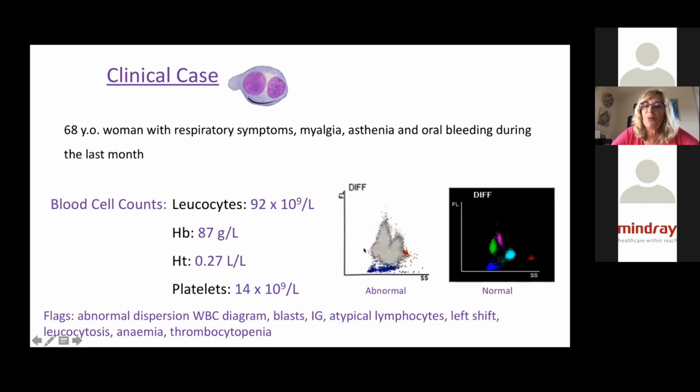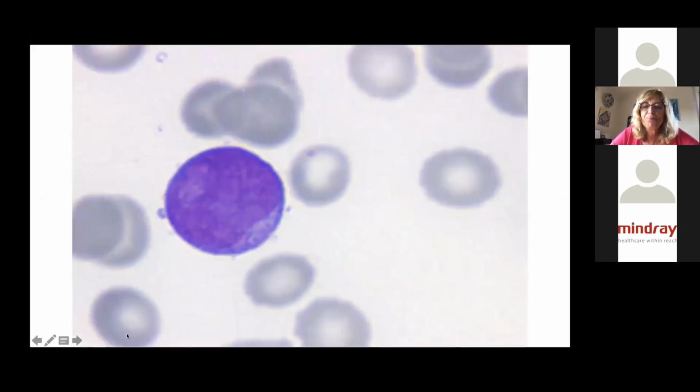You can compare this image with the normal: blast, immature granulocytes, atypical lymphocytes, left shift, leukocytosis, anemia, and thrombocytopenia.